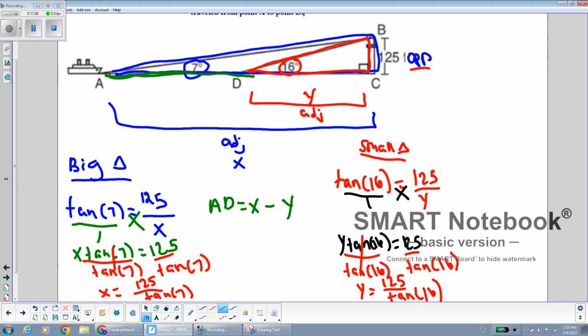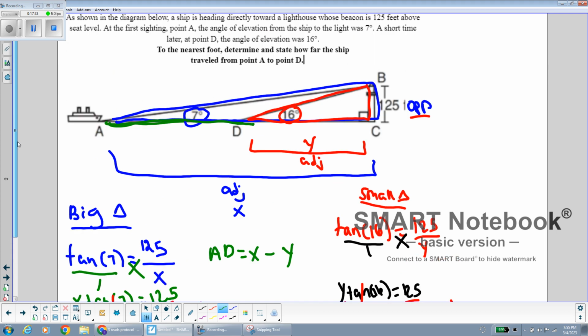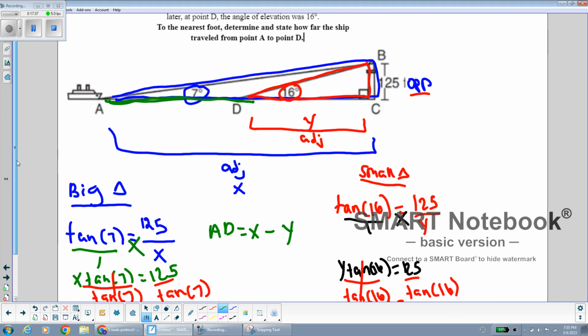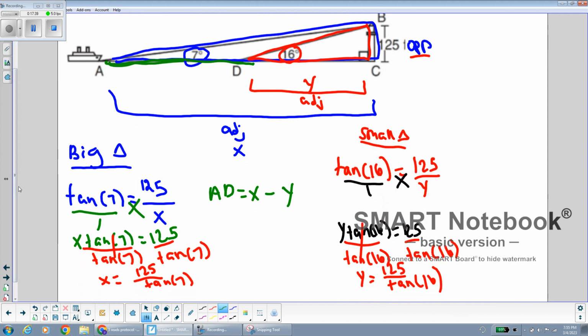And I'm going to hit enter, and it does say to round to the nearest foot, whole foot. So to the nearest foot, when I subtract x minus y, I got that AD is approximately 582 feet. I'm going to put that over here, approximately 582 feet.